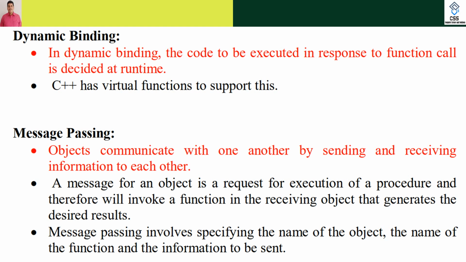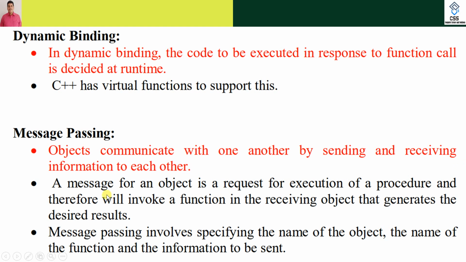What is message passing? Objects act as messengers by which we can send values and return values to the program or class with the help of a function, and that mechanism is known as message passing. Objects communicate with one another by sending and receiving information.